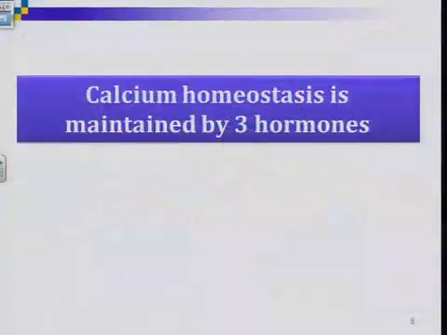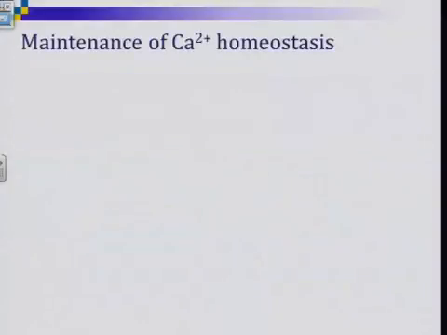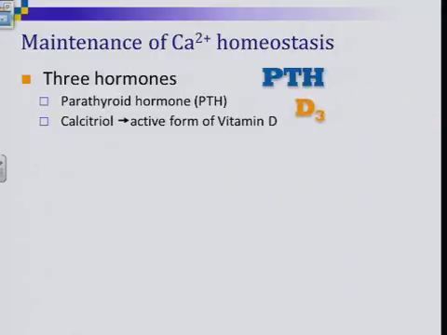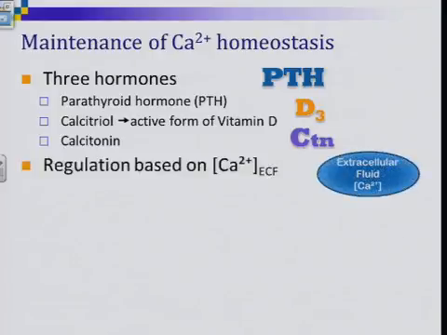Okay. So calcium homeostasis is maintained by 3 hormones. Okay. The 3 hormones are parathyroid hormone, calcitriol, which is the active form of vitamin D, and calcitonin. Their regulation is based entirely on the concentration of calcium in the extracellular fluid.